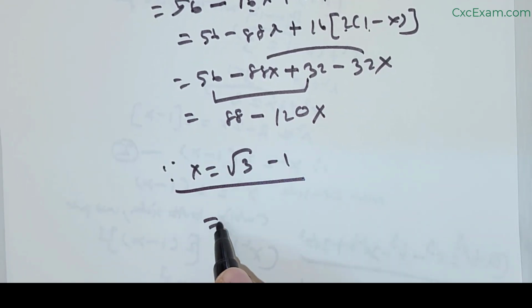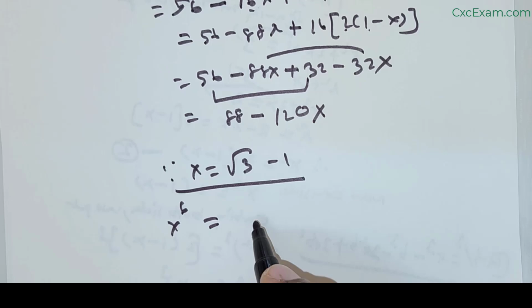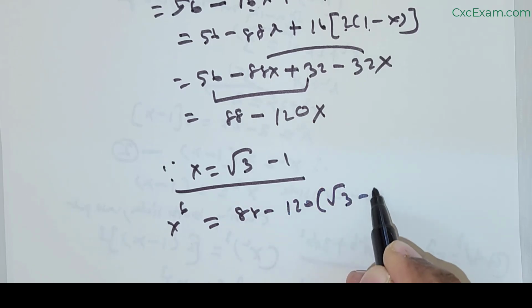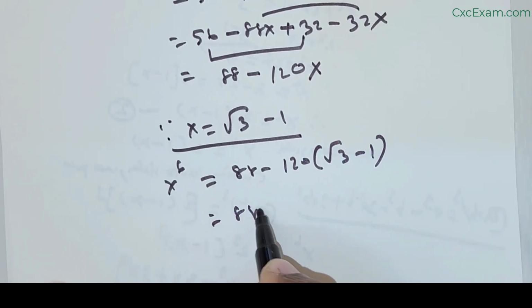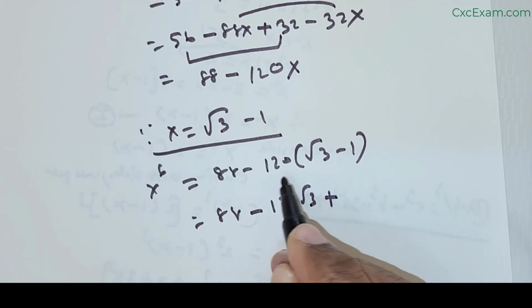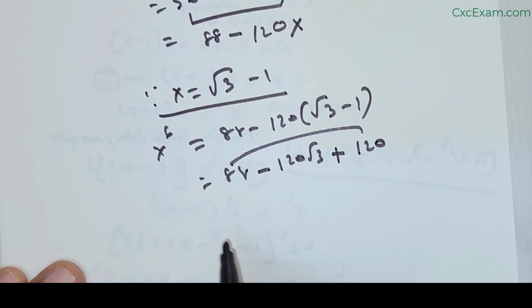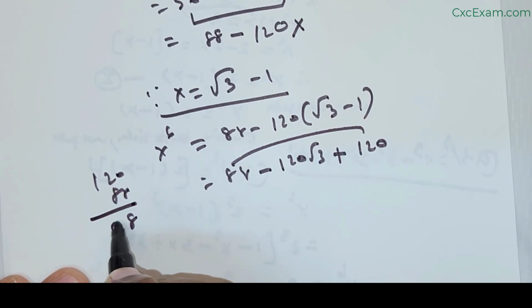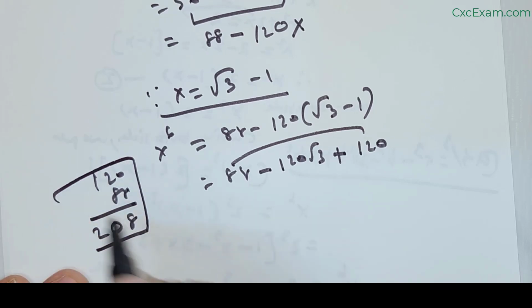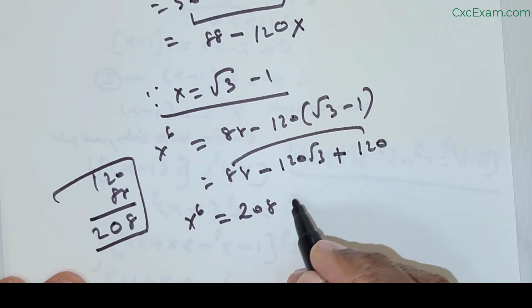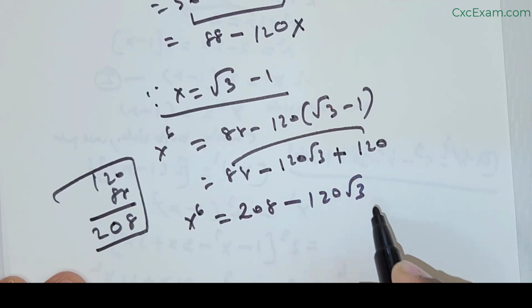So upon substituting, on the left I got x to the power of 6, which is 88 − 120 times (√3 − 1). So this is 88 − 120√3 + 120. You add these two together, 120 and 88 will give me 208. So x⁶ is 208 − 120√3.